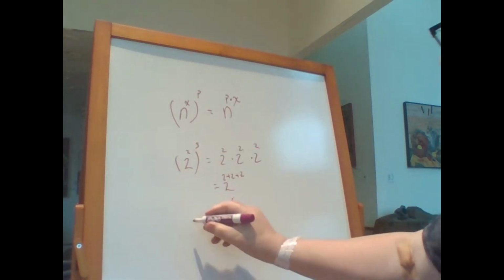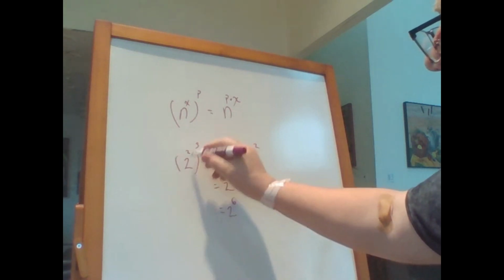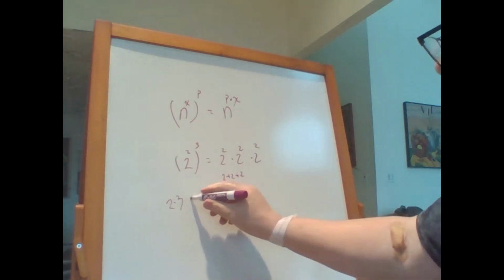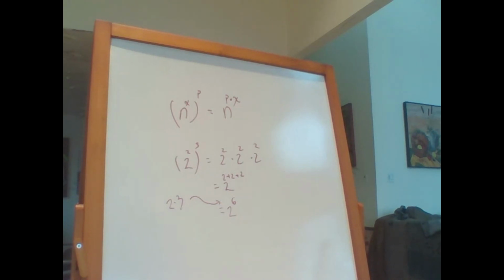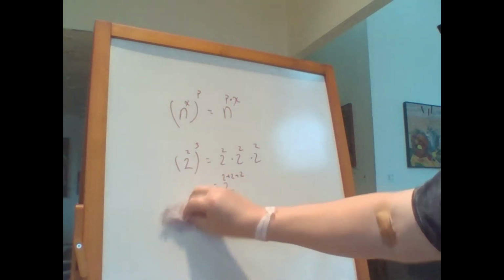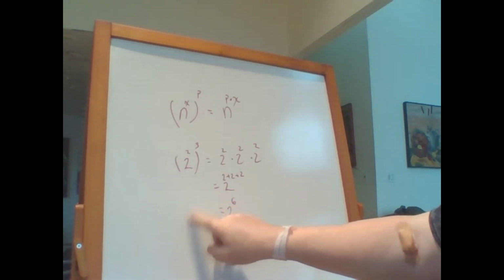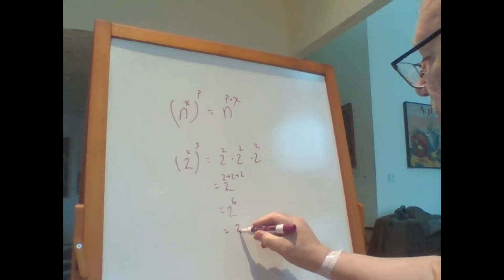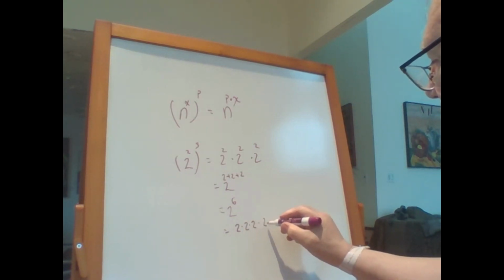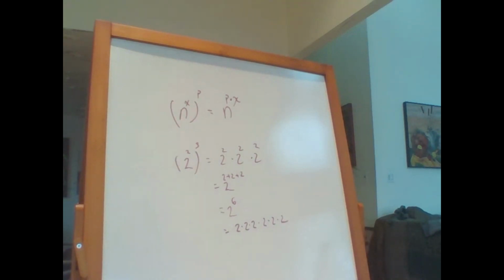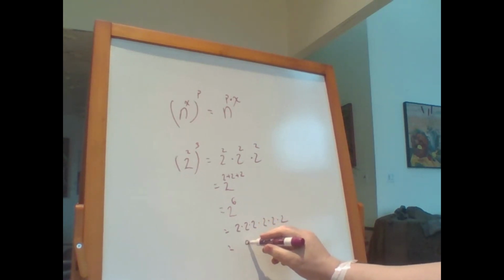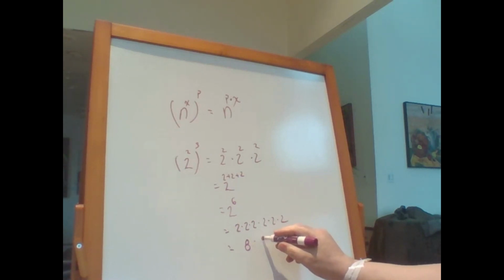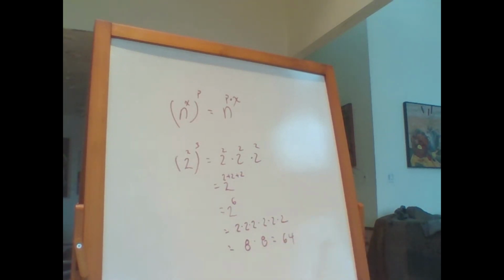And you can see that this is equal to 2 times 3, that exponent. And 2 to the 6th is equal to 2 times 2 times 2 times 2 times 2 times 2. And this is equal to, we got 8 times 8 equals 64.